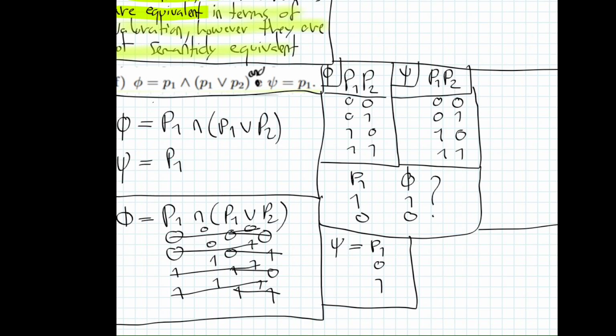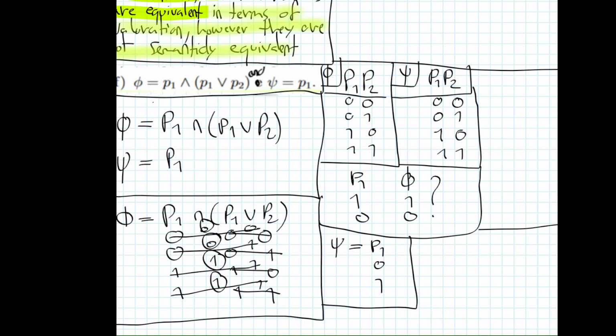By giving the value 0 to P1, we get the value 0, and where we give the value 1 to P1, we get the value 1.